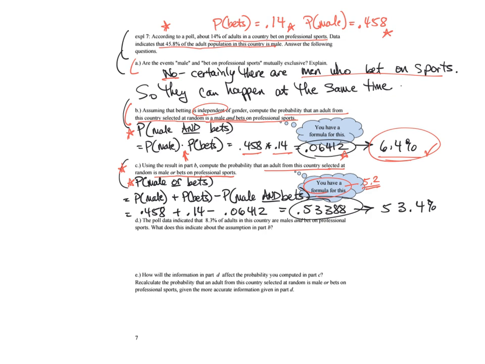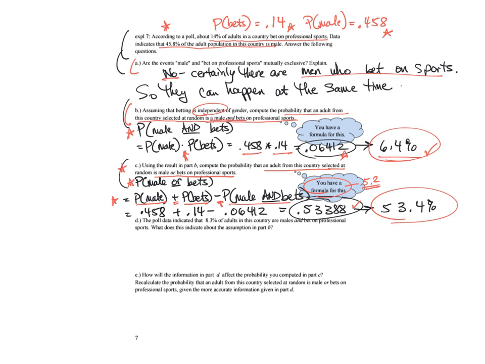The probability of male or bets is the probability of being male plus the probability of being a better, minus the probability of male and bets, or their intersection. I put all those numbers in there and got 0.53388, which in percent form gives me that.